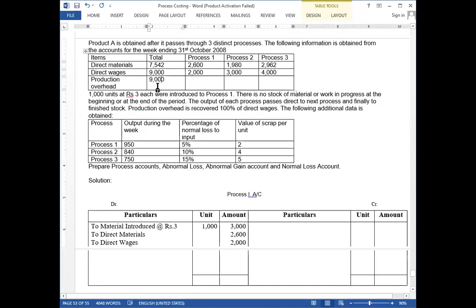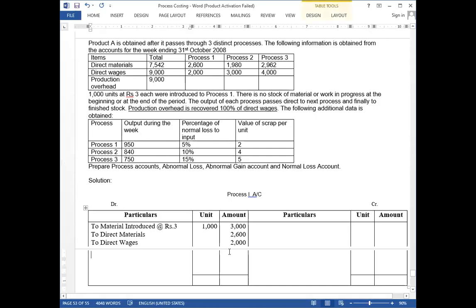After that, production overhead is also given. Here the total amount is not given, but in this problem they have given the clue: what percentage you can recover for each process. The production overhead is recovered at 100% of direct wages.